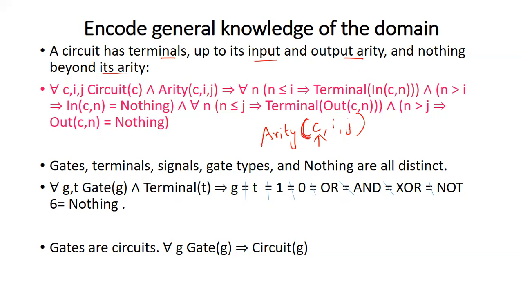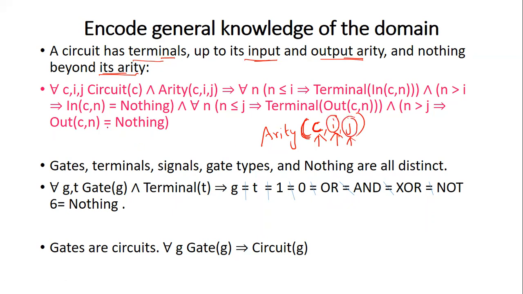So arity of C comma I comma J means C represents some circuit, and this circuit can have maximum I inputs and J outputs. A circuit will have terminals maximum that is given by its input arity and output arity, not beyond that.